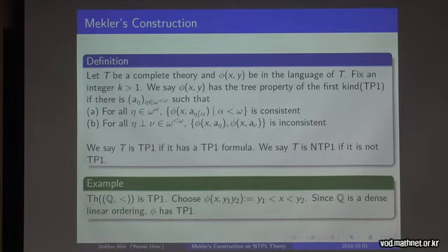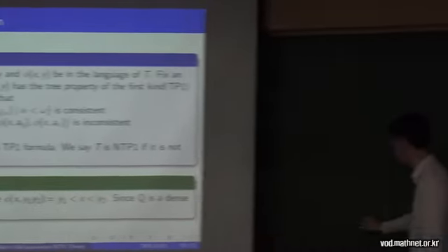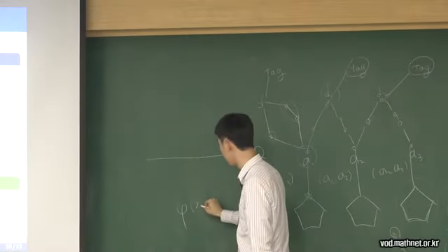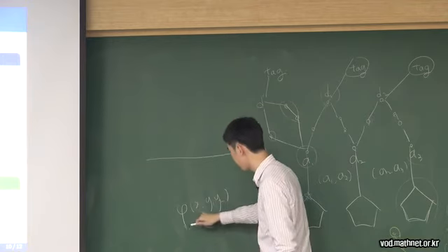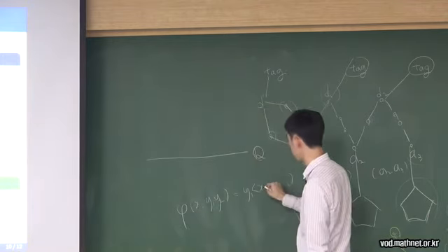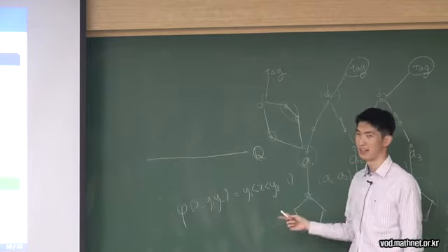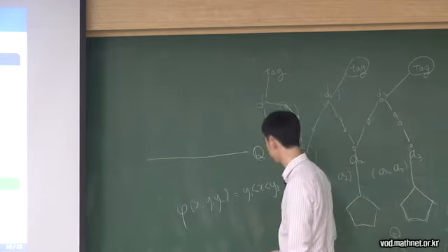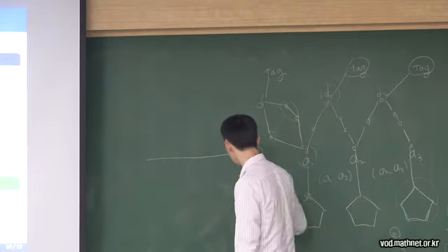You can work on this kind of diagram, and by choosing the formula phi with variables x, y1 and y2, a very simple formula, you can do some very interesting things.